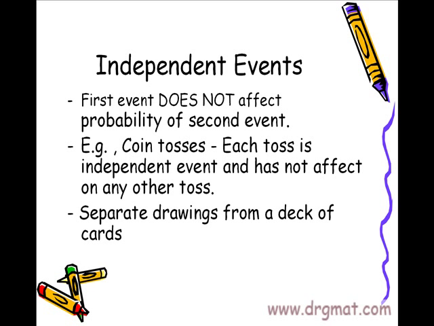I can flip a coin as many times as I want, but that would not affect the probability of any of the coin tosses at all. And same thing will be true in the case of, for example, if I was to draw a card out of a deck of cards and put it back in the deck of cards, the probability remains the same.